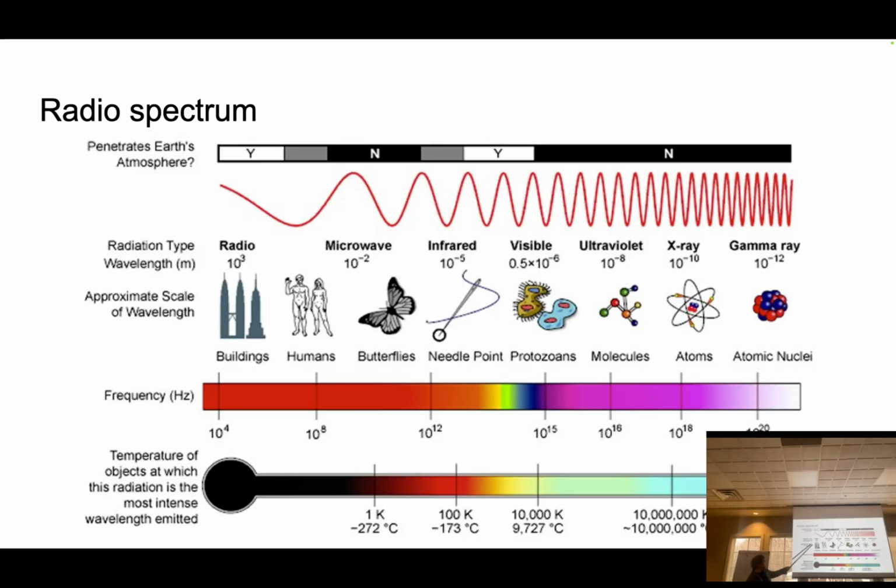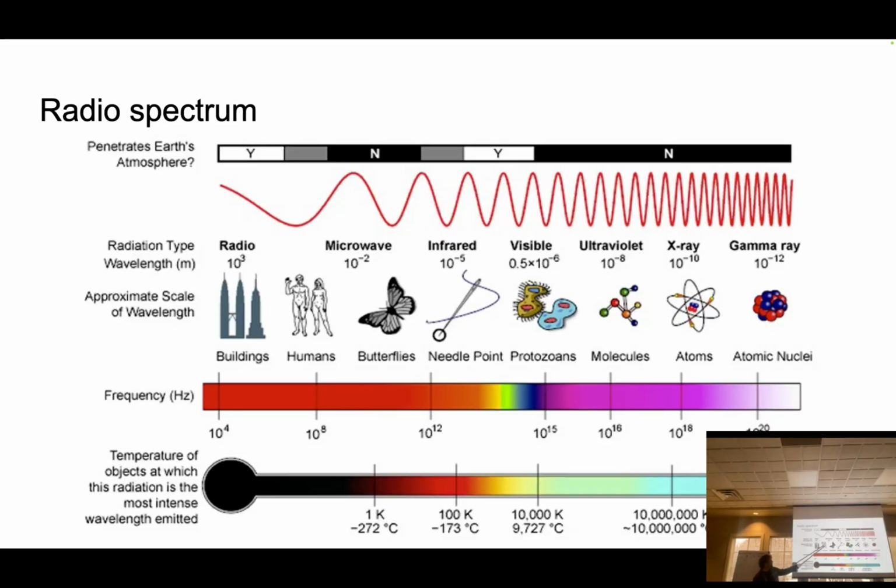So radio waves are as big as buildings. Like 10 to the third power is like 1,000 feet high. So the physical waves that are AM radio, those waves are 1,000 feet tall. Okay.